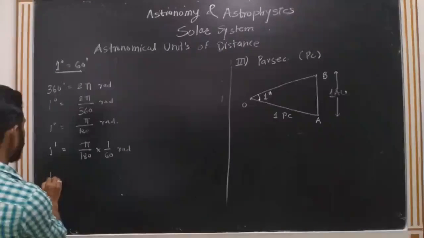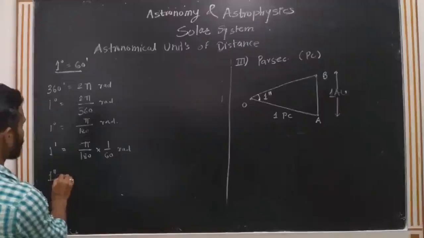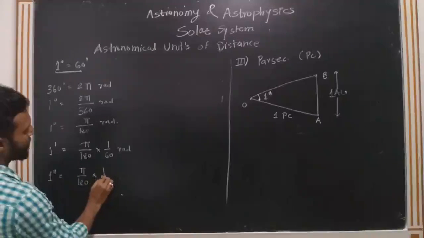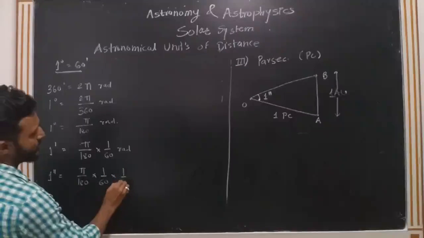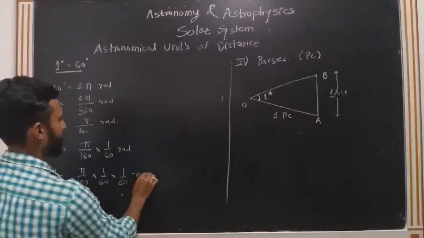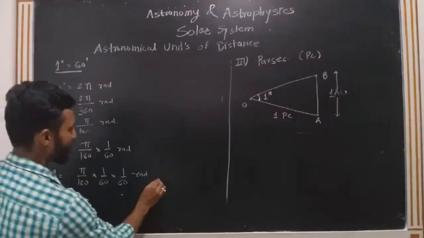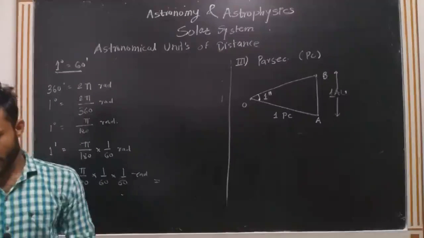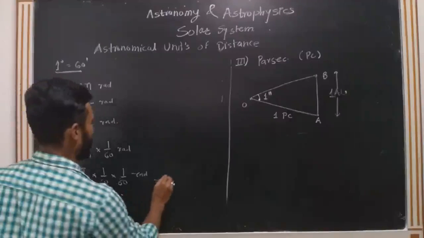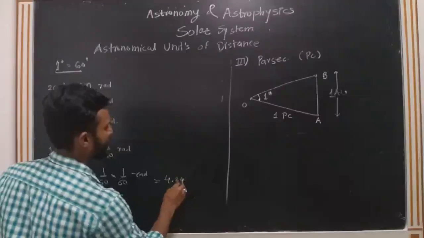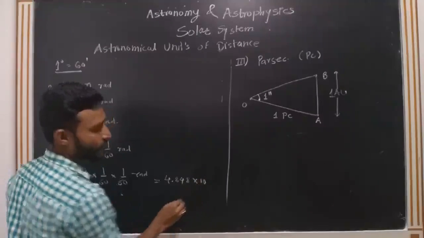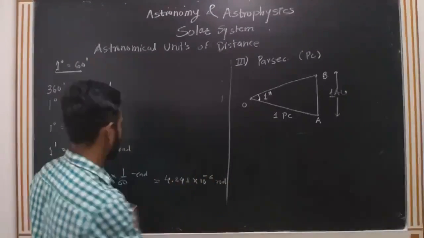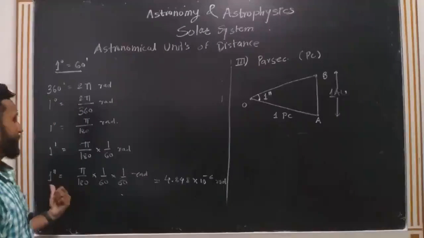Similarly, 1 arc second equals pi upon 180 into 1 upon 60 into 1 upon 60 radian, and this value is near about 4.848 into 10 raised to minus 6 radian.